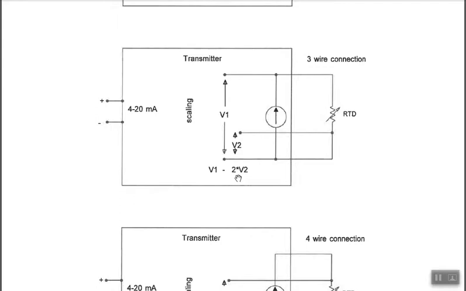So that's V2. So just double that and subtract it from V1. In other words, here's V1 that includes the IR drop on both sides of the RTD plus the voltage of the RTD. So V1 has the IR drops in it, and you want to get them out, so subtract 2 times one side's IR drop.